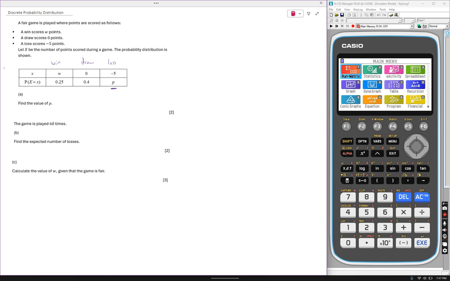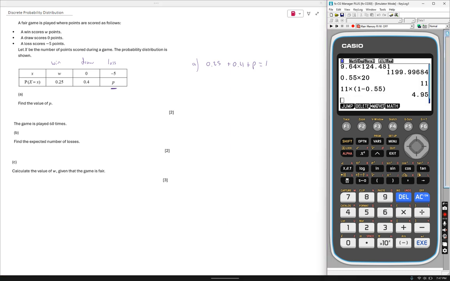All of the probabilities have to add up to equal 1, because it's 100%. So we're going to have 0.25 plus 0.4 plus P, all of that equals 1. Let's get my calculator.